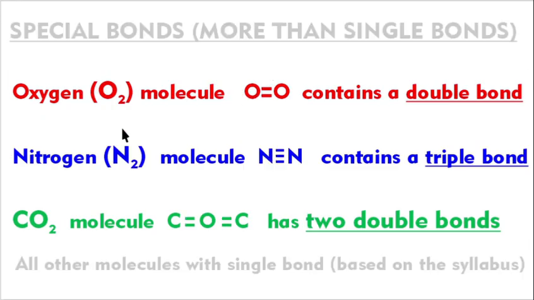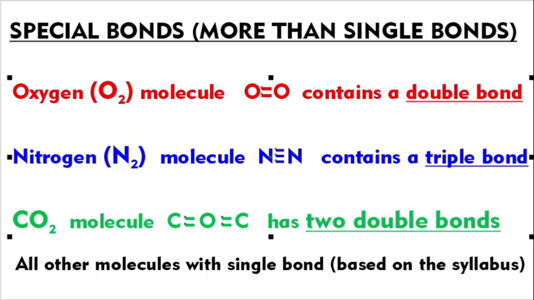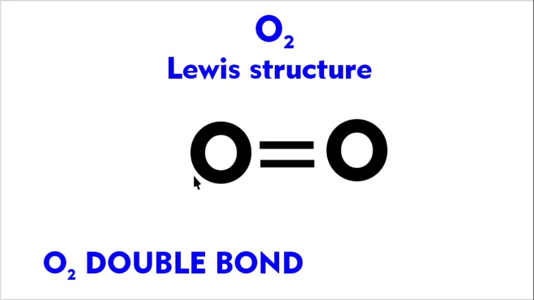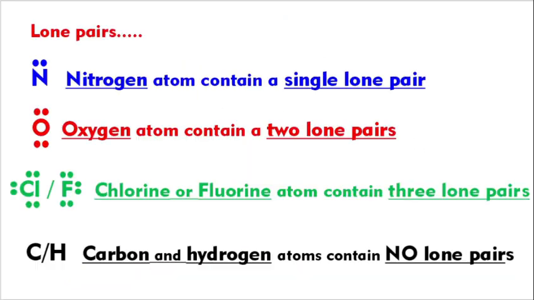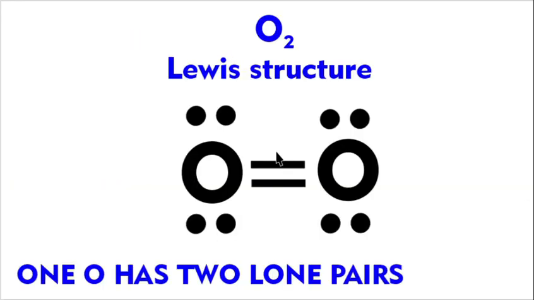Now you put a double bond between the 2 oxygen atoms. And then check for the lone pairs. Yes, 1 oxygen atom has 2 lone pairs. So let's put in the lone pairs. 1 oxygen, 2 lone pairs, right? You can make one pair vertically or horizontally.